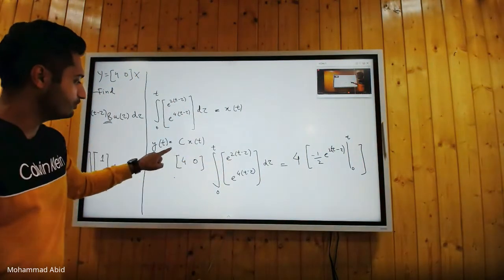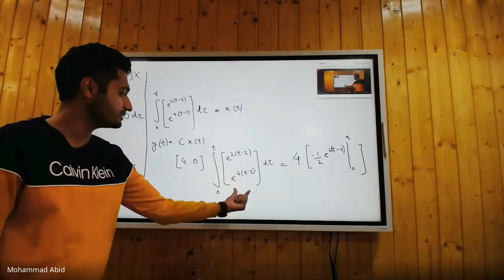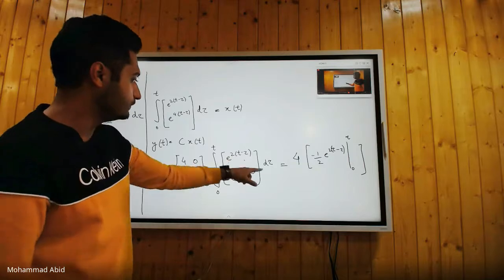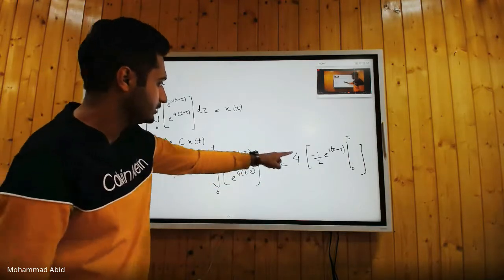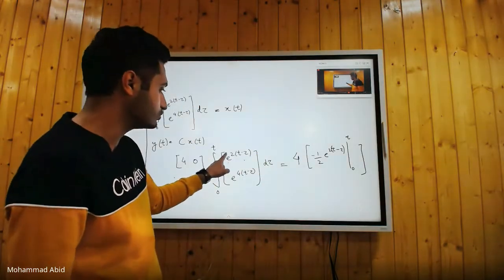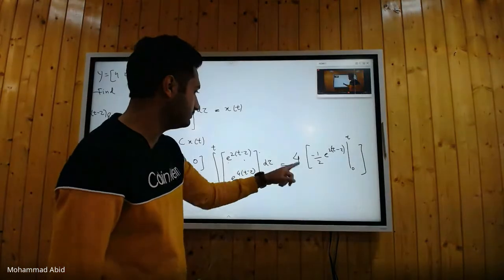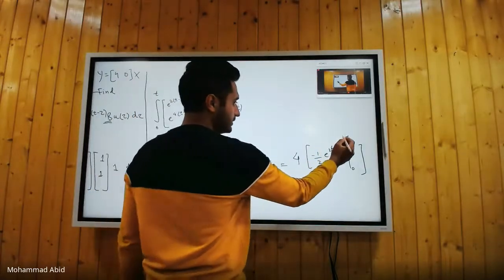This will be multiplied by 4, and this will be multiplied by 0. So I have not taken this term, I have just taken this one. When you do the integration with respect to tau, the coefficient of tau is minus 2. That's why 1 over 2 comes down, and the rest remains the same. I have not substituted the limits yet.